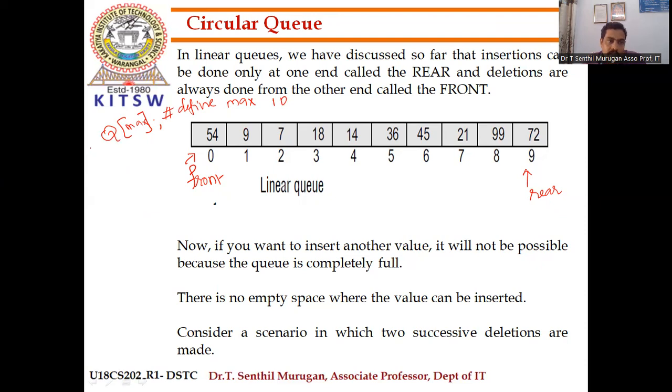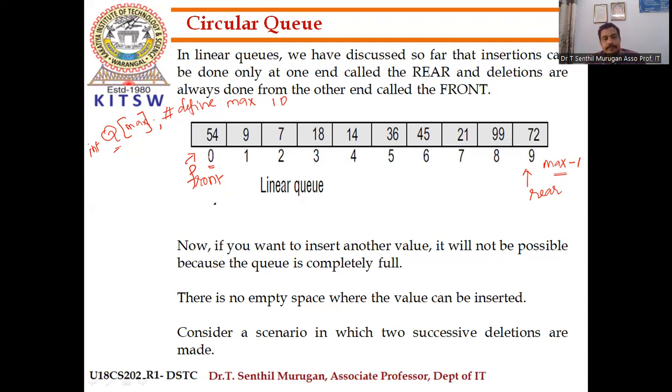Now we declare the integer array with the array name q, and the maximum value we give is 10. After that, the array memory will be created. When we use an array, the indexes start from 0 to 9, that is MAX minus 1. Here we declared the maximum as 10 and array indexes start from 0, hence we write MAX minus 1.